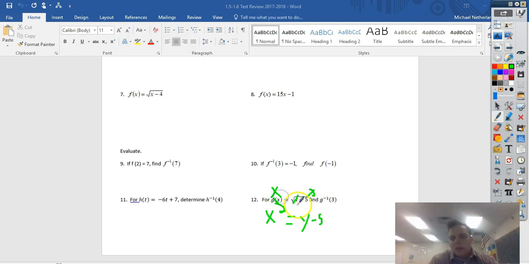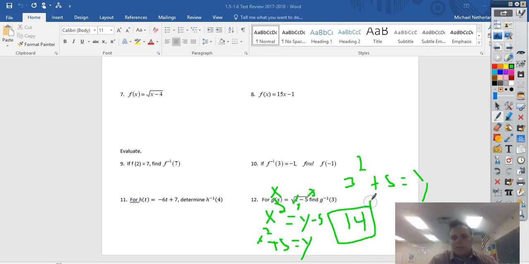And that became x, and this became y over here. I need to add 5, so I'd get x squared plus 5 is equal to y. So there's my inverse. And then I need to plug in a 3 into my inverse. So I'm going to get 3 squared plus 5 is equal to y. 3 squared is 9. 9 plus 5 is 14. So bam, 14. That's what I get.